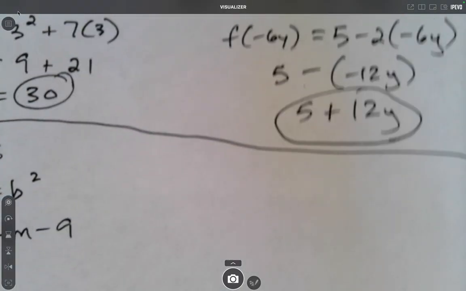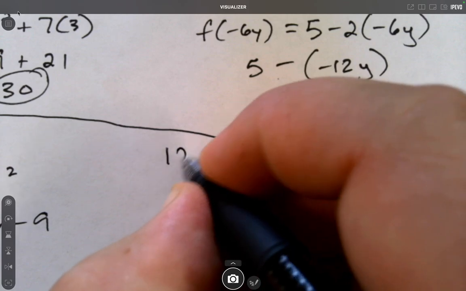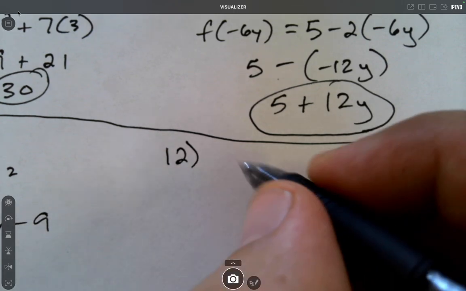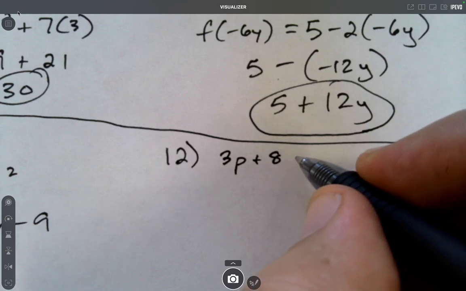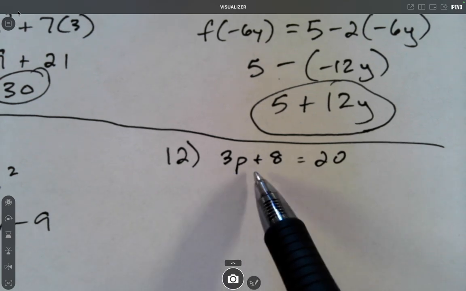Okay, so now I'll work these out on this paper. We're going the opposite direction. So on number 12, it says we should translate each equation into a sentence. So 3p plus 8 equals 20. So 3p plus 8, that's addition.